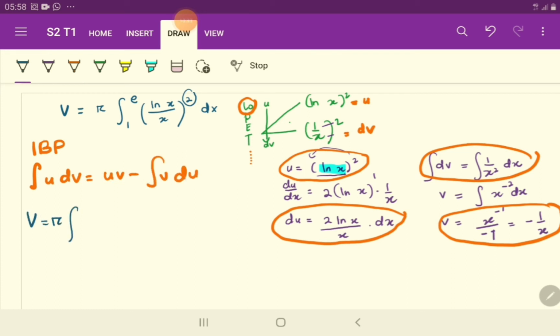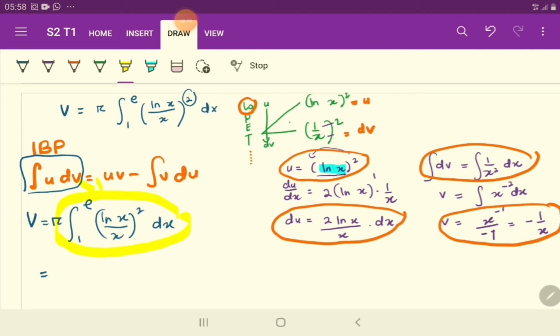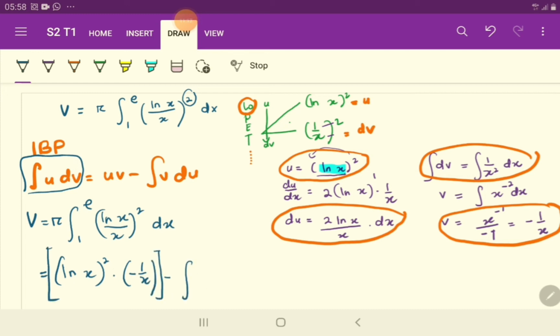The first part is uv, and then minus integral. That part is settled, so we just put the limit 1 until e. Then v du, where v is negative 1 over x, and du is 2 ln x over x dx.